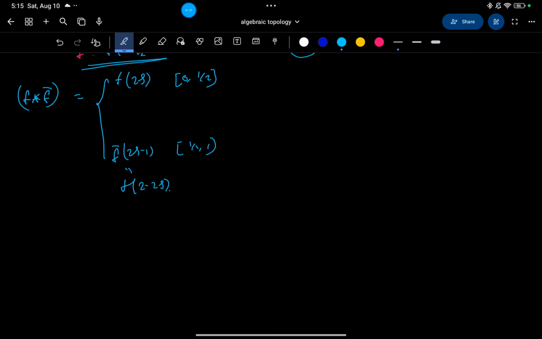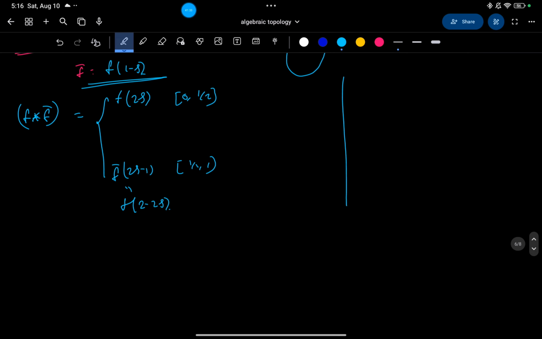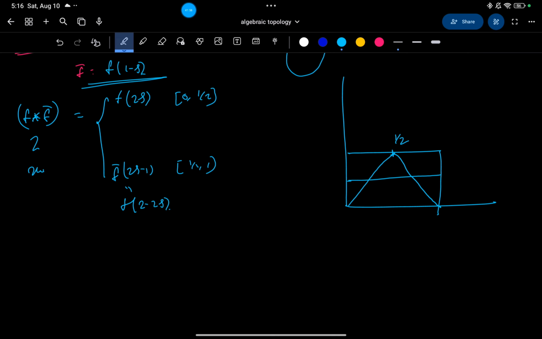Okay, so again the map structure is like this, and from 0 to half it is f. I need to show that it is isomorphic to x naught, right? So again x naught is working through all over I. First take 0 to half, next half to 1. Then these are the required intersecting points.